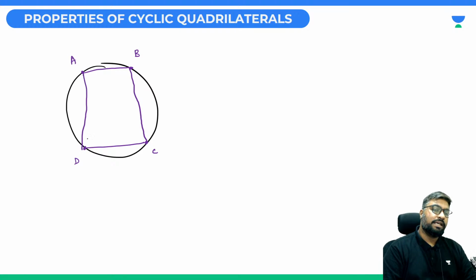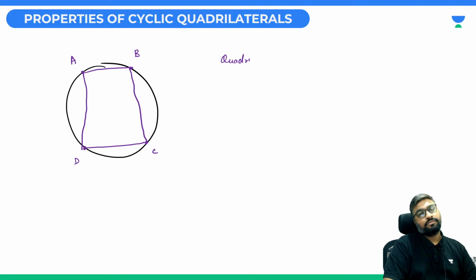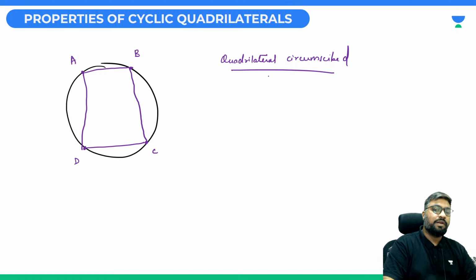This ABCD is a cyclic quadrilateral. So a quadrilateral that is circumscribed. Yes, circumscribed quadrilateral is called a cyclic quadrilateral.